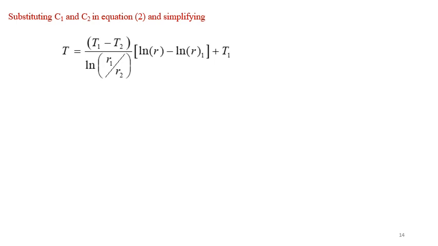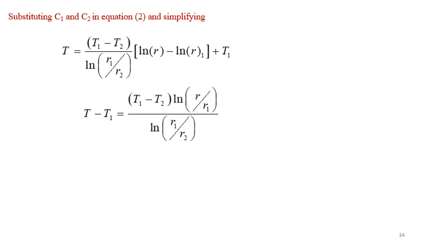Substituting C1 and C2 in equation 2 and simplifying, you get T is equal to (T1 minus T2) divided by ln r1 by r2 into (ln r minus ln r1) plus T1.